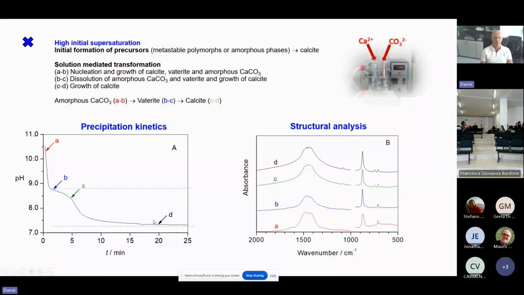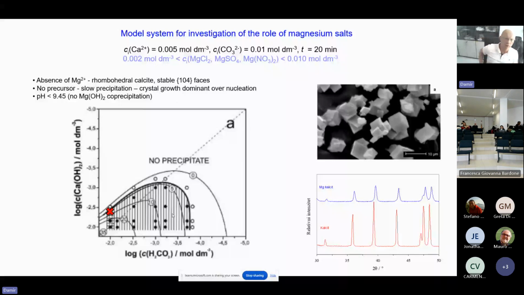And finally, after 20 minutes, we still have a mixture of vaterite and calcite here, but after 1 hour, we had a complete transformation of this system. The model system we investigated in this case is the one in which we selected this point.